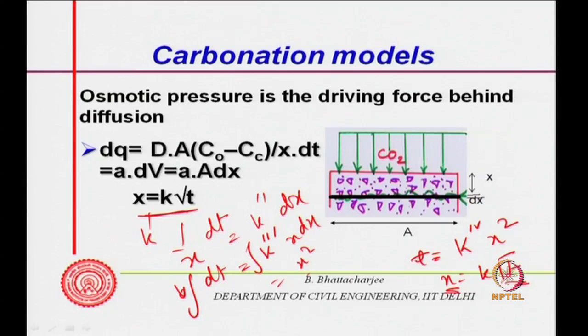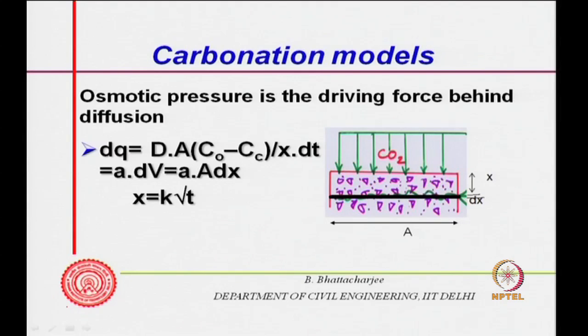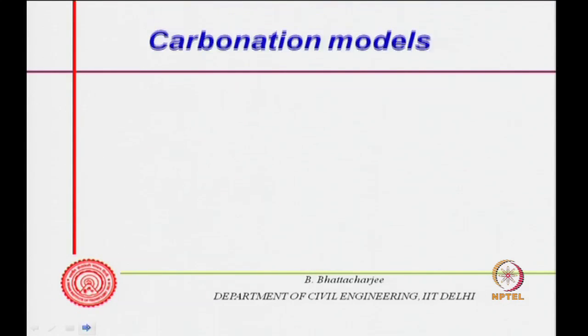So, x is proportional to root t is what comes out from this kind of model, all right. There are complex models, but finally most of the models make it some form of t to the power half relationship, because experimentally this has also been largely found to be valid. So, k is the question.